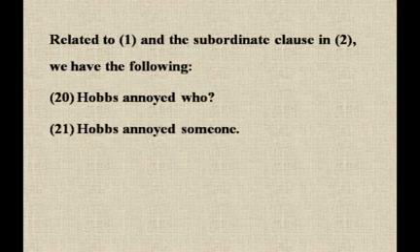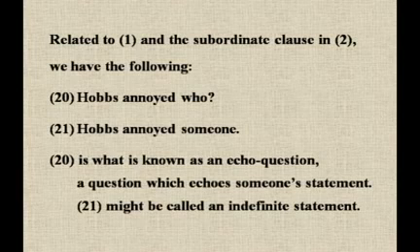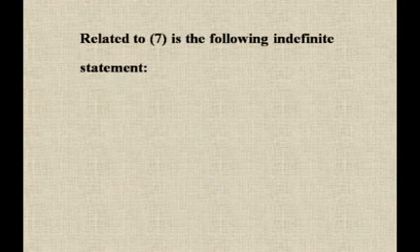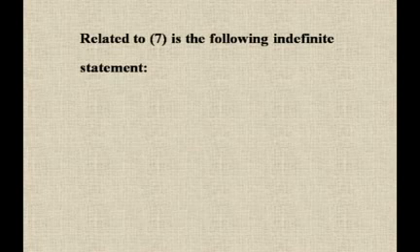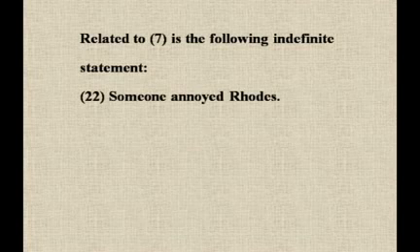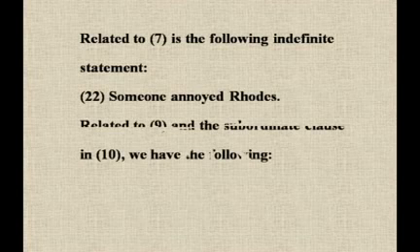Hobbs annoyed someone. 20 is what is known as an echo question, a question which echoes someone's statement. 21 might be called an indefinite statement. Related to 7, Rhodes was annoyed, is the following indefinite statement. 22. Someone annoyed Rhodes.